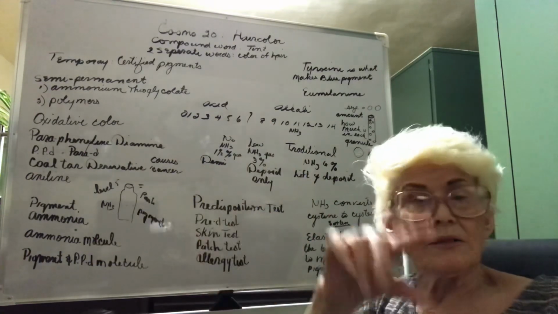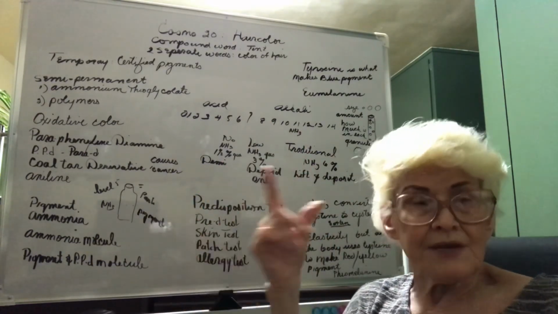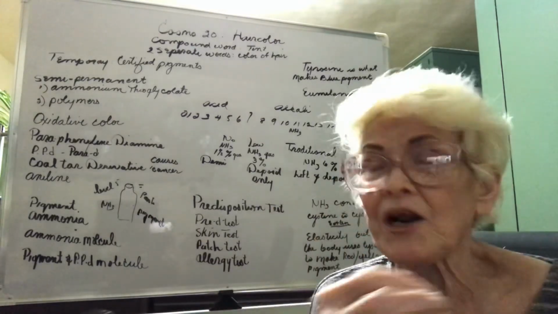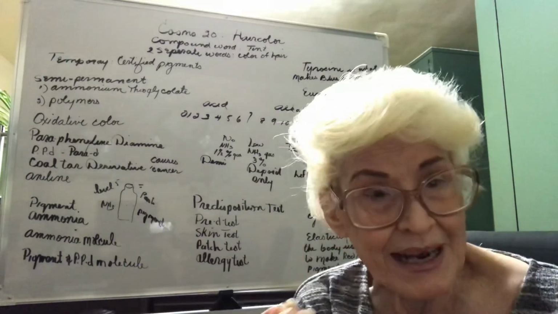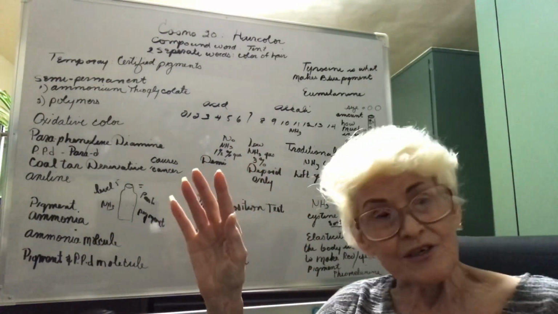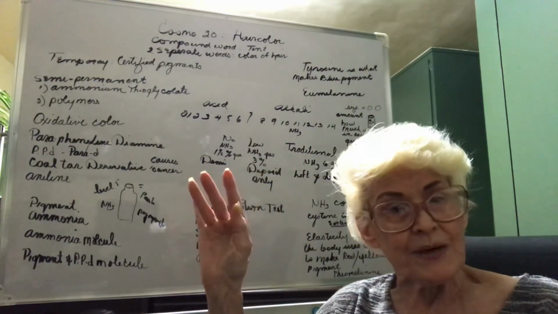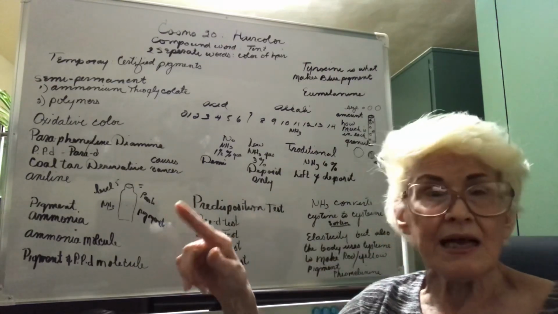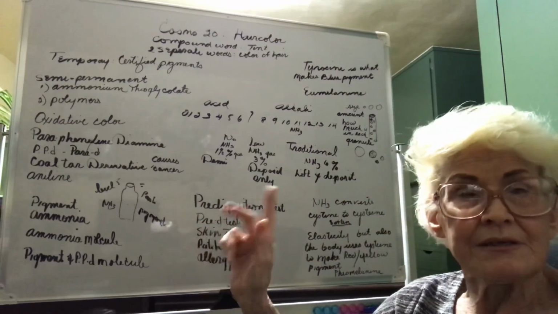Now, a whole other concept is if I come to you with tinted hair and I already have artificial pigment on my hair, that's a whole other story that, once again, the teachers who do hair coloring 1, 2, and 3 are going to go into more detail with you on that particular category.